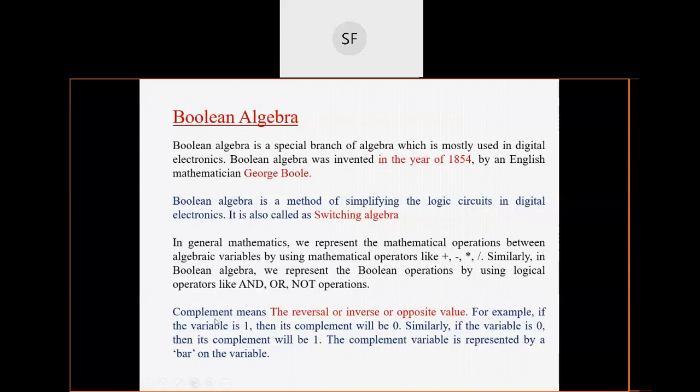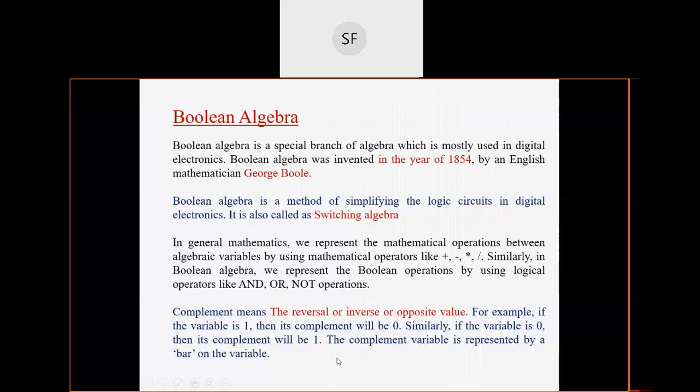One important thing about Boolean algebra is complement. Complement means a reversal or inverse or opposite value. For example, if the variable is 1, then its complement will be 0. Similarly, if the variable is 0, then its complement will be 1. So complement is basically an inverse, opposite value.